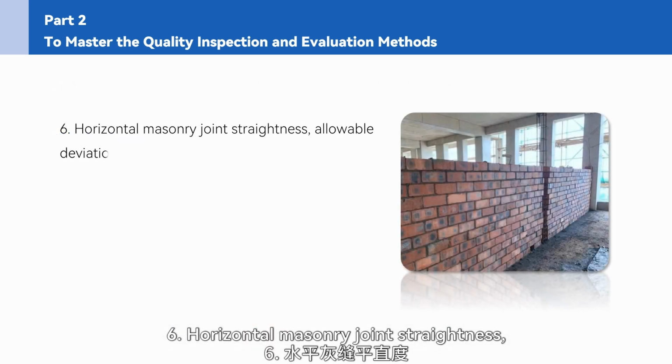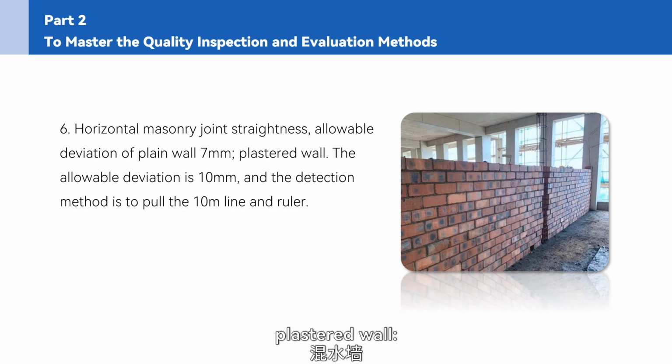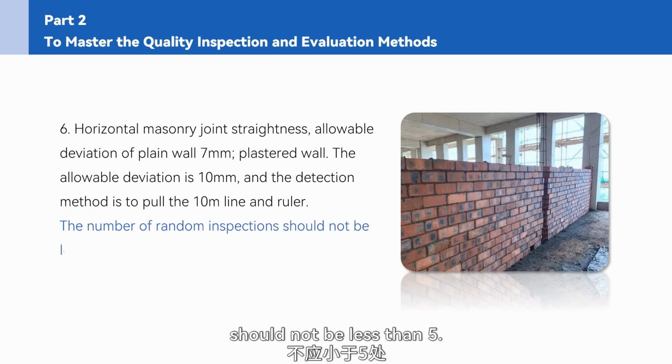Horizontal masonry joint straightness, allowable deviation of plain wall 7 mm, plastered wall, the allowable deviation is 10 mm, and the detection method is to pull the 10 meters line and ruler. The number of random inspections should not be less than 5.